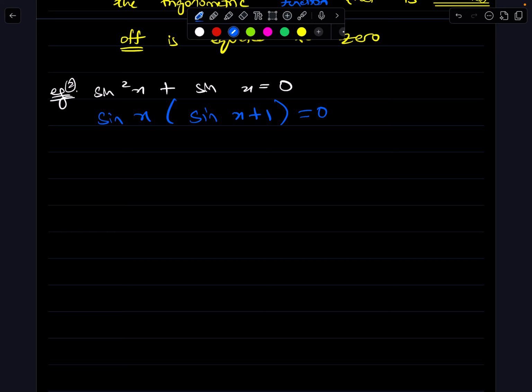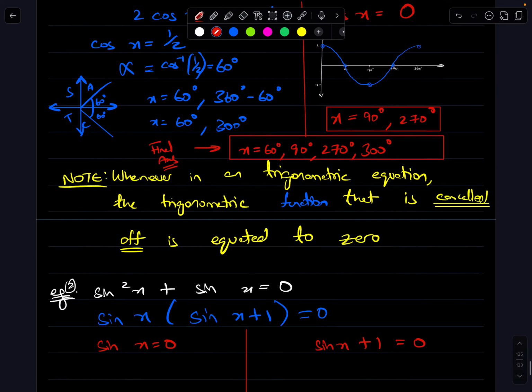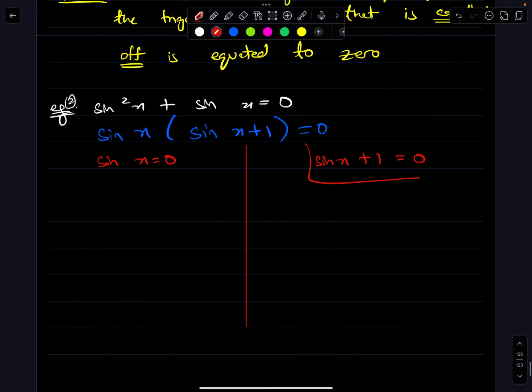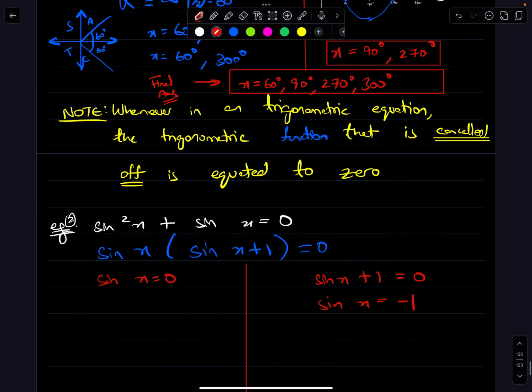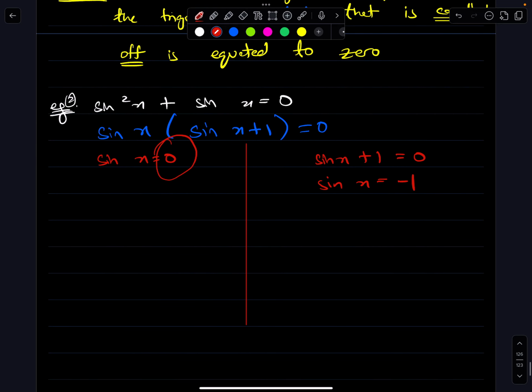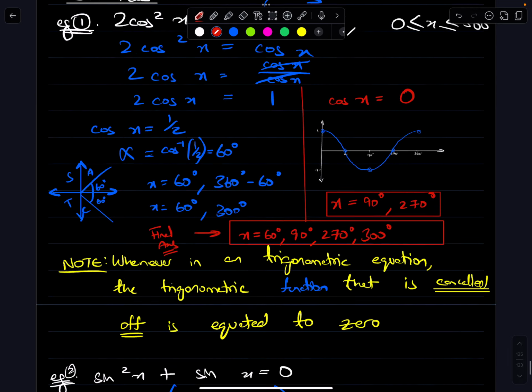Thus, I have sin x is equal to 0 and sin x plus 1 is equal to 0. So I can shift the 1 to the right hand side, and again 0 and minus 1 are defined intersections.